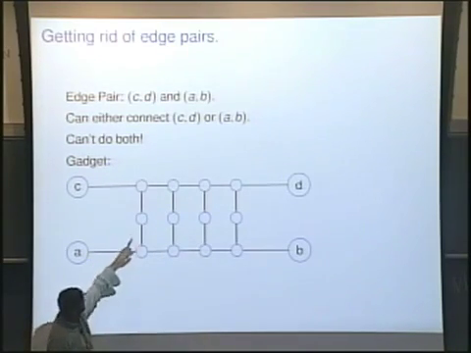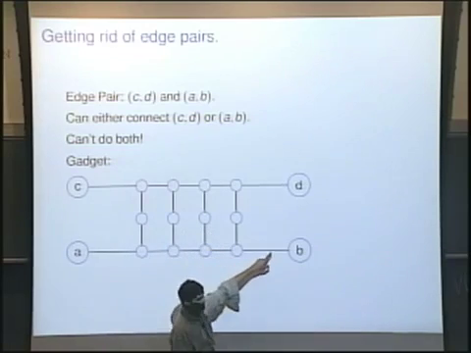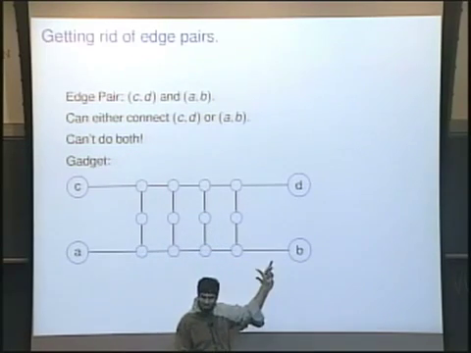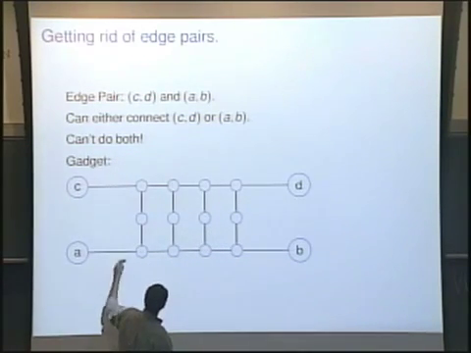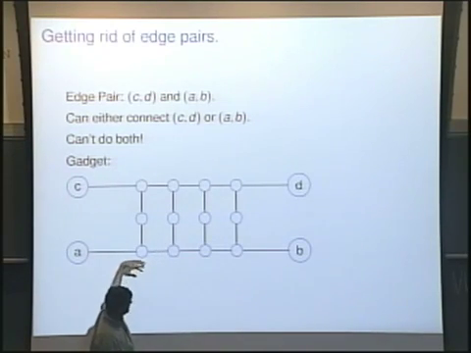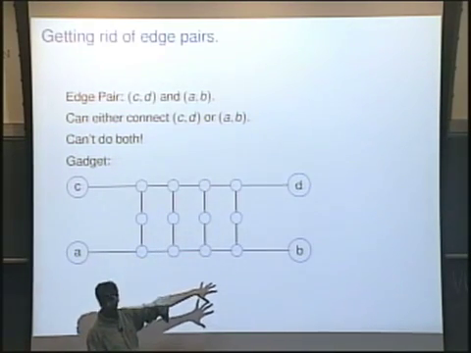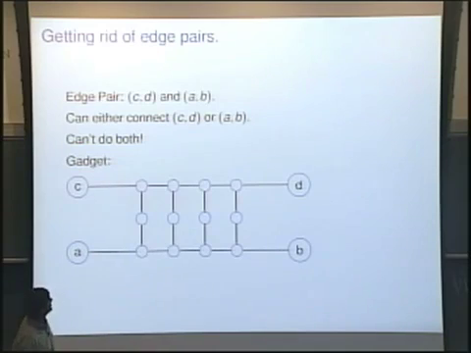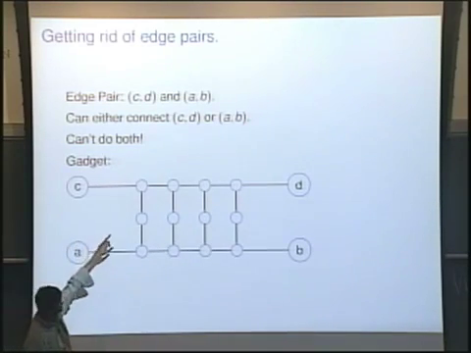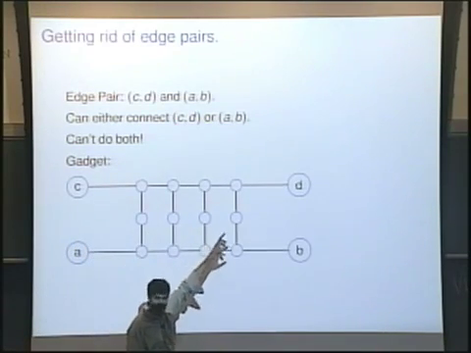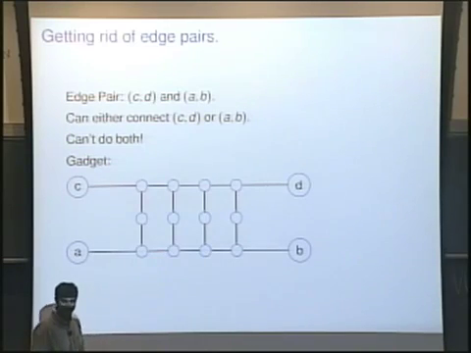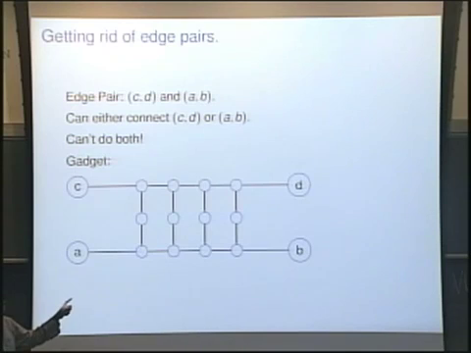So with this particular way of doing it, it's doing a bit of a parity thing. You can get through this gadget, you hit every node, and you go from A to B. There's also a way to do it from C to D. You go down, up, up. So there's no way to get through this gadget and hit every node exactly once and go from C to B or from A to D.